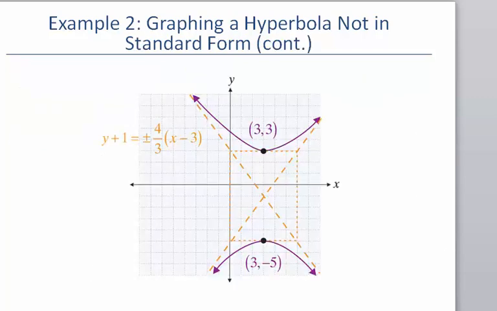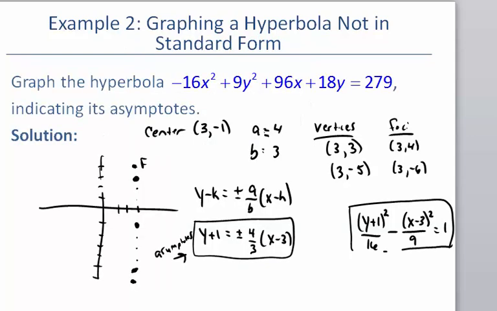If you see what has been done, they have plotted the 2 vertex points, which we could do. And then notice that they've drawn sort of a rectangle here in the middle. What they have essentially done is take the a value and the b value from the problem. Our a value was 4 and our b value was 3.